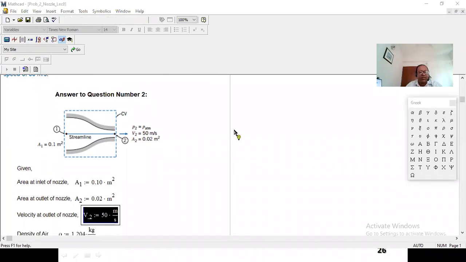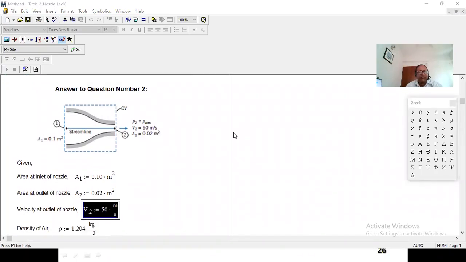Then obviously you need the rho, because you need to figure out P by gamma, so gamma equal to rho g. So you need to know the density of the air. It is not given in the problem.